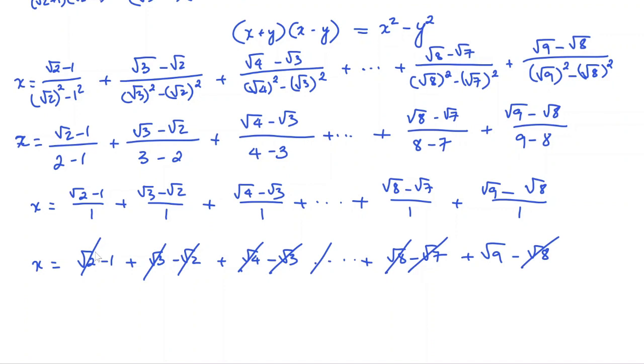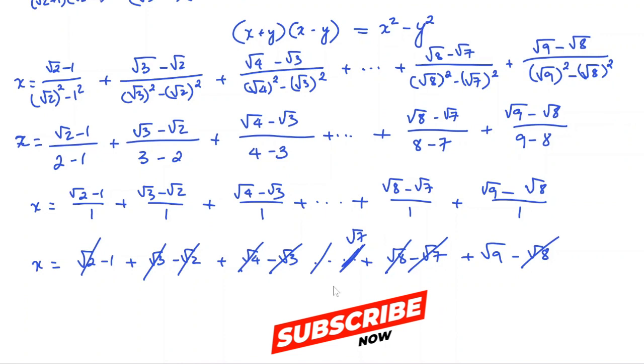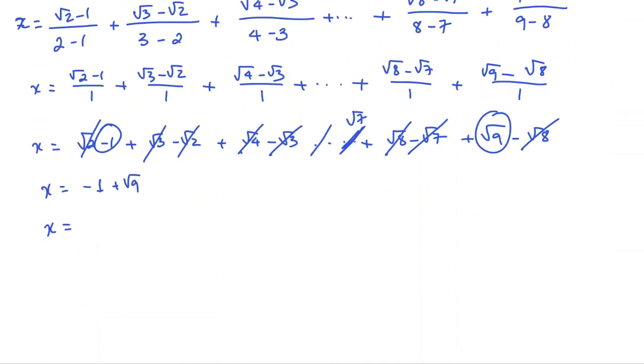Square root of 7 and negative square root of 7 over here are going to be cancelled. So what is left over here is just negative 1 and square root 9. So x is equal to negative 1 plus square root 9, which is x equal to negative 1 plus 3, x is equal to 2.